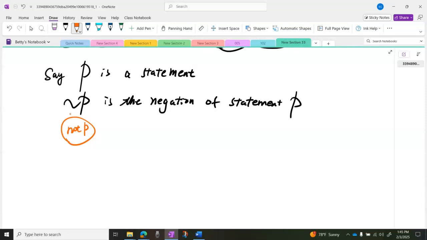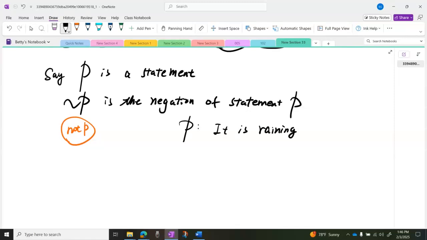Not P negates P. Let me give you a very simple example. If P says it is raining, do you agree it is raining is a statement? The statement is false right now, right?